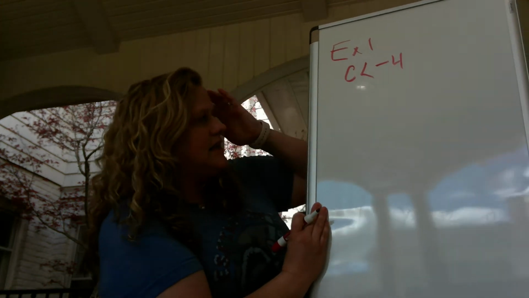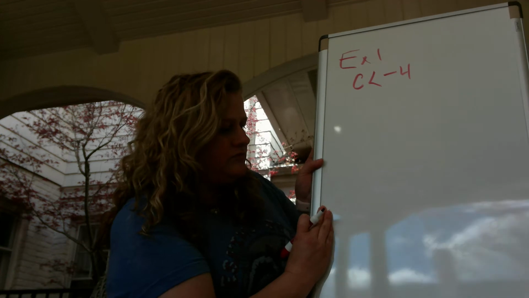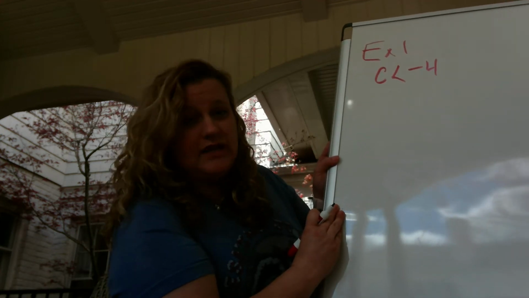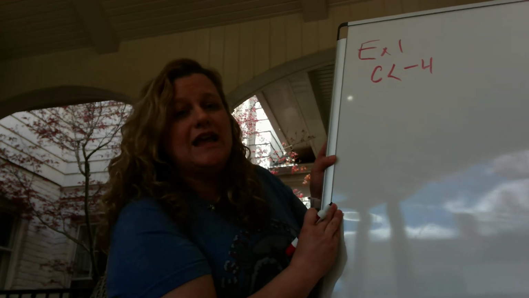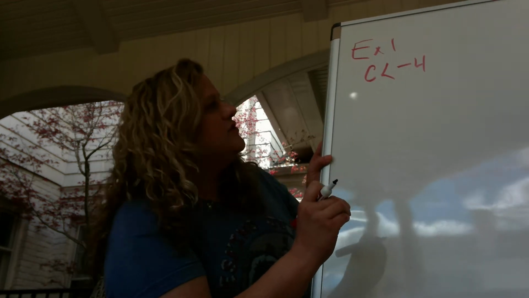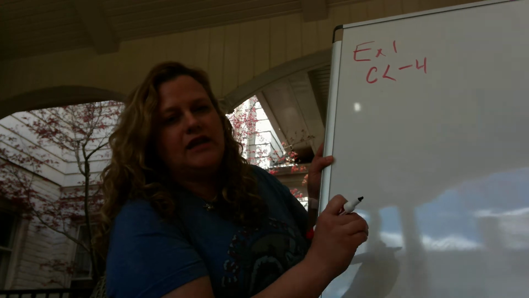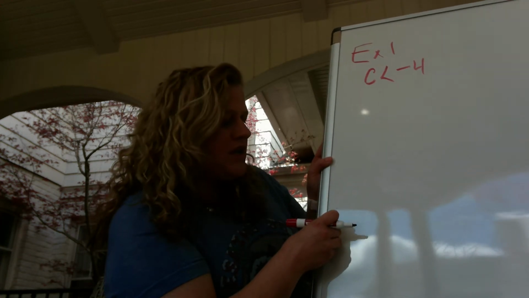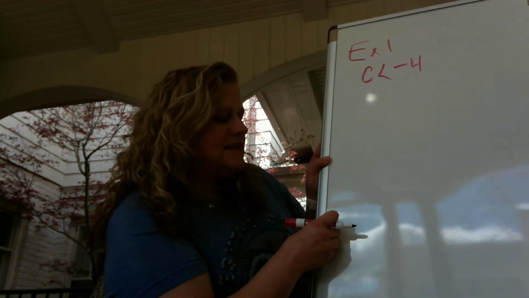Okay, less than -4. So what's less than -4? -5, -6, because we're dealing with negative numbers. The higher the absolute value of a negative number, the smaller the negative number is. Okay, so C is less than -4.